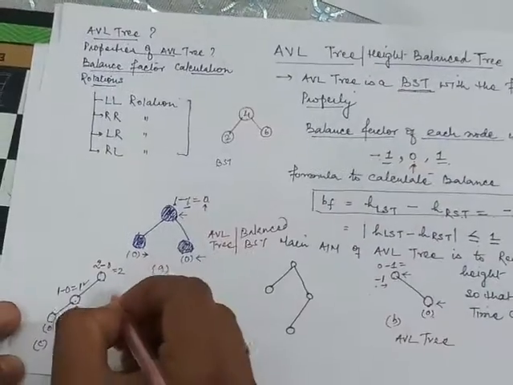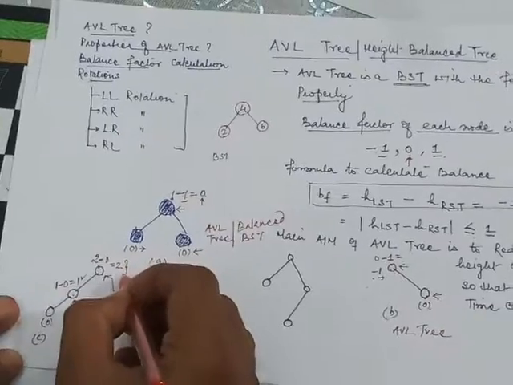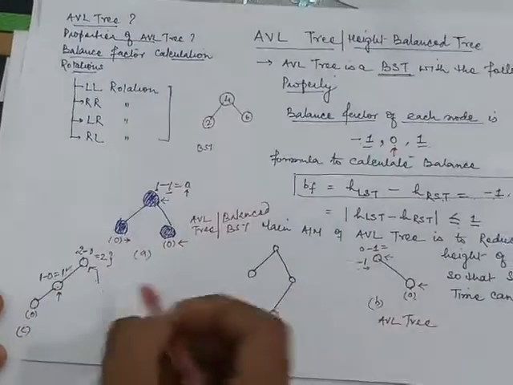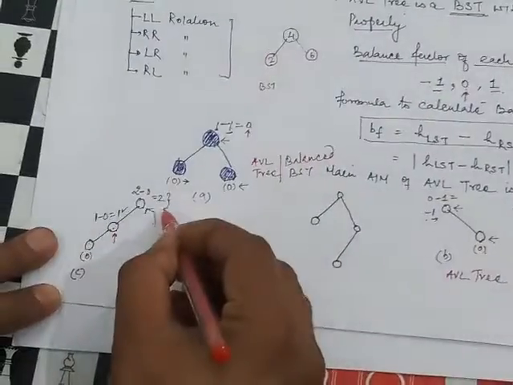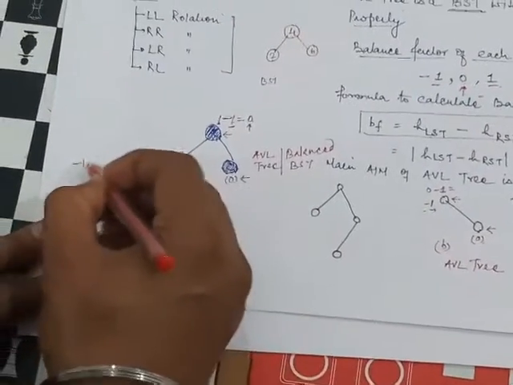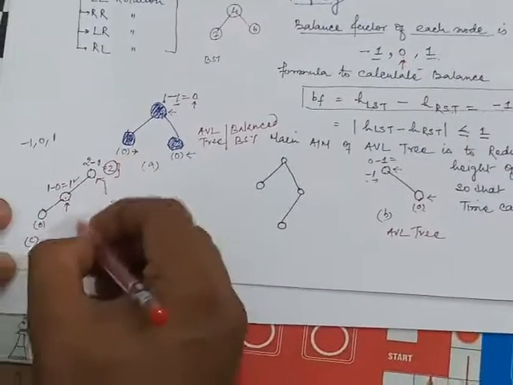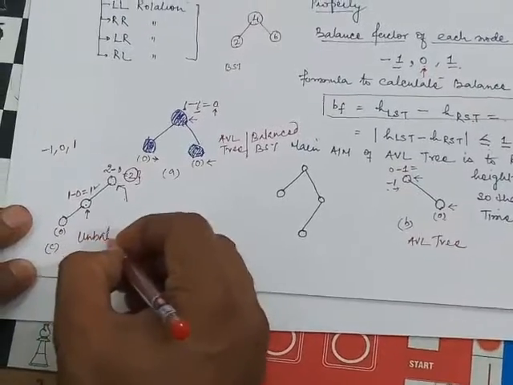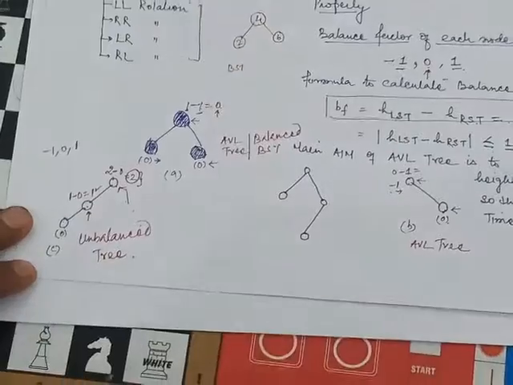So as you can see, the balance factor of this node is 2, which violates the AVL tree property that the balance factor should be either -1 or 0 or 1, but here it is 2. So this tree is an unbalanced tree.